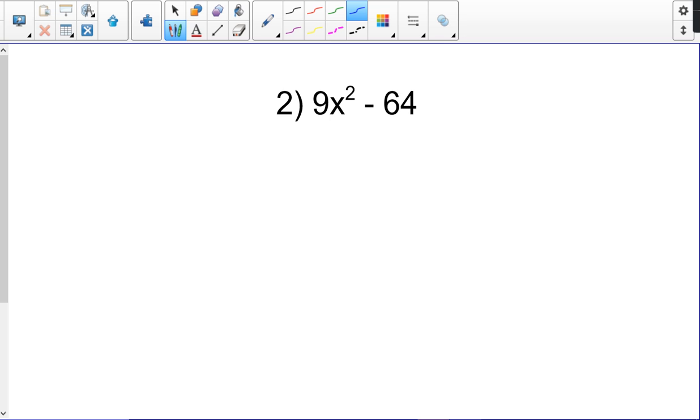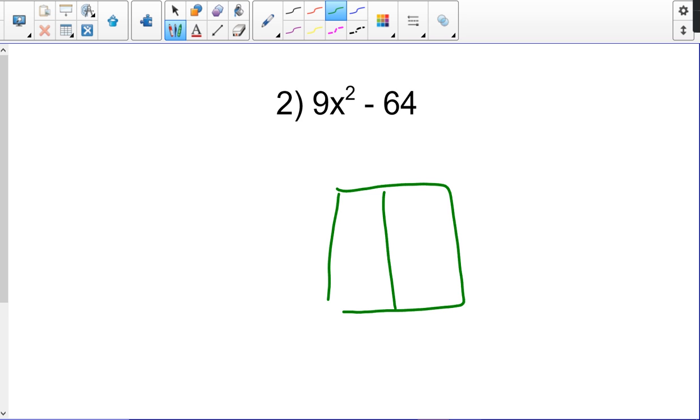The next problem is 9x squared minus 64, and hopefully some of you recognize that this is a special case. It is the difference of two perfect squares. We are subtracting two perfect squares. Let's see how that will look when we get the factors. So 3x times 3x are the same thing, right?